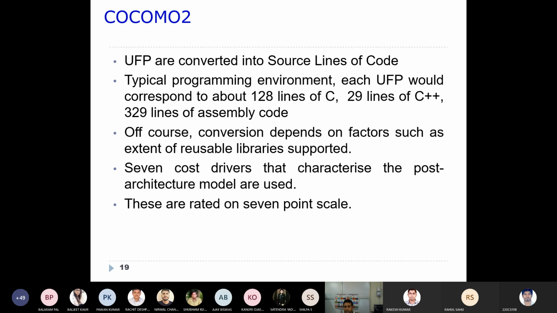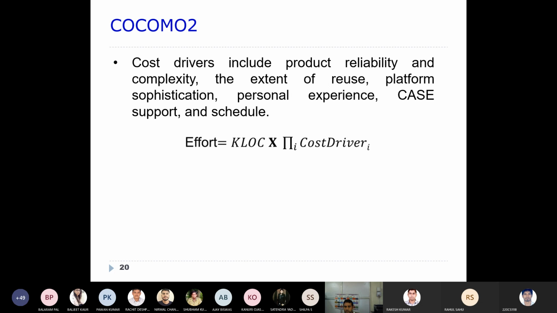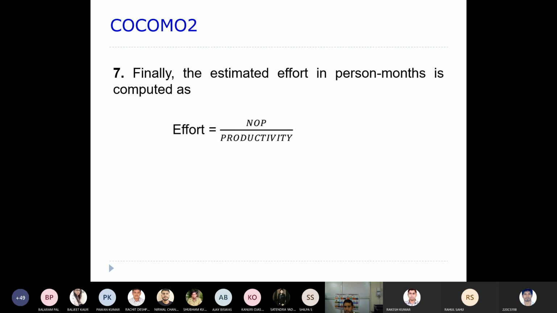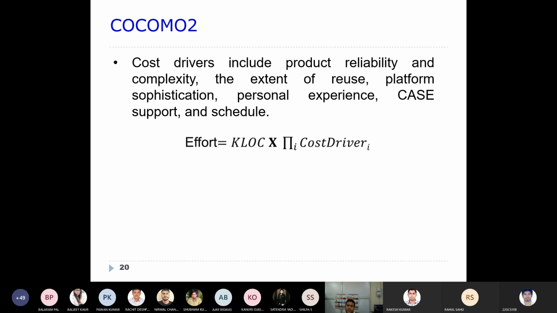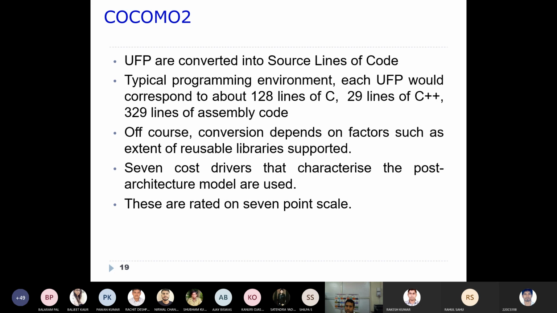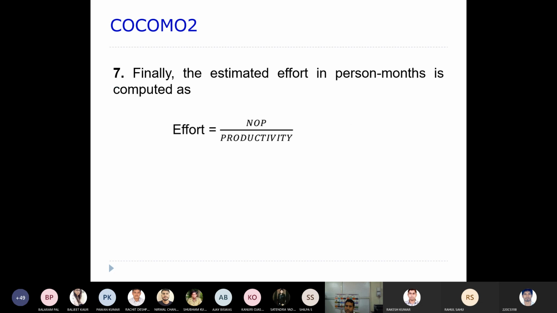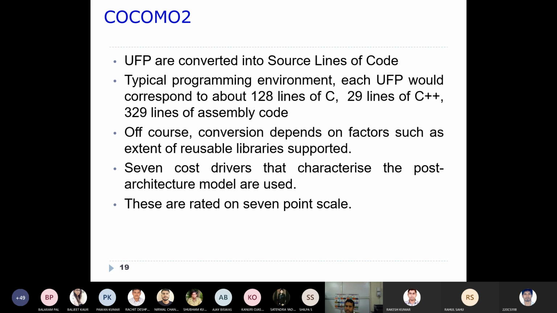So up to this, the effort is estimated for the application. Now this is what we are doing for early design.